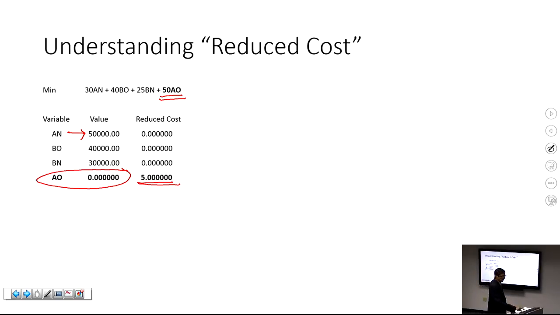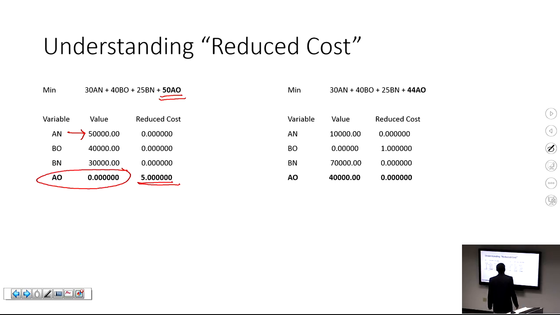So that's what I did. I reran Lindo making that change. I changed the cost from 50 to 44. I improved it by more than $5. And now you can see that you can make product A on the old production line. All right, that's your reduced cost.